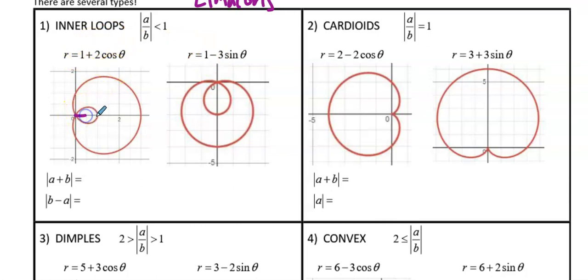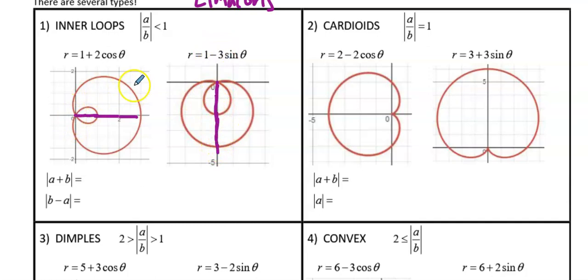Well, 3 is actually going to be the distance from the pole to the curve that's the furthest away. So this distance right here, 1 plus 3 is 4, and this is going to go 4 units.